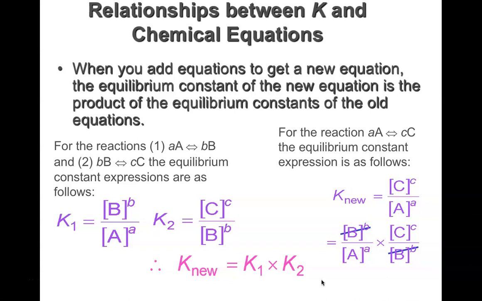Keep in mind, if you had to do some manipulation of reversing or multiplying or dividing by some factor, you would have to do that before you multiply individual K's together. Not after the fact. Whatever you do in manipulation to K1 or K2, apply that manipulation to get a new number before you do the overall multiplication. Questions on this idea? All right.